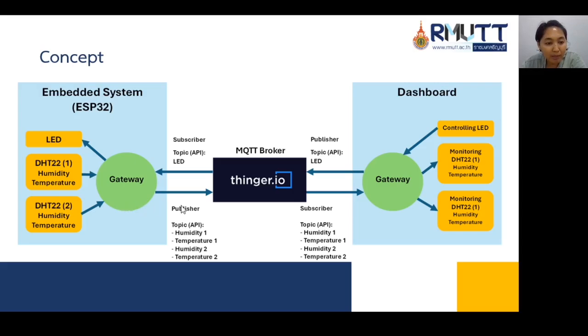And then the publisher of the DHT22 sensor system is the sensor in the embedded system ESP32. And then the subscriber is the display monitoring value of sensor measurement such as temperature and humidity in the dashboard.